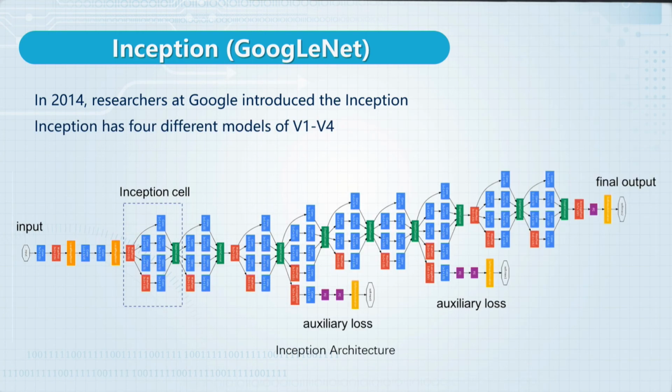The network uses a CNN inspired by LeNet. Its architecture includes 1x1 convolutions in the middle of the network. It uses global average pooling in place of fully connected layers. Inception has 4 different models, V1 to V4.